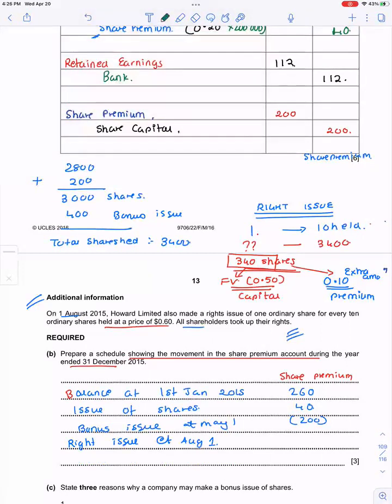How much? 340 shares into 0.10. You receive premium of 34. So this is your balance at 31 December 2015 at last. 134. Okay, miss.